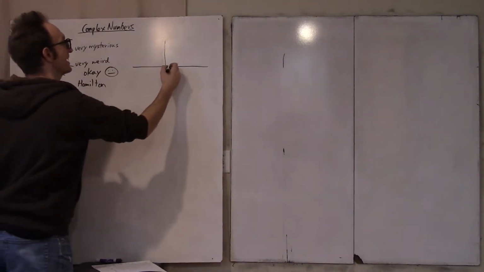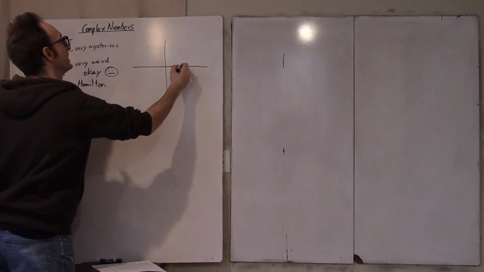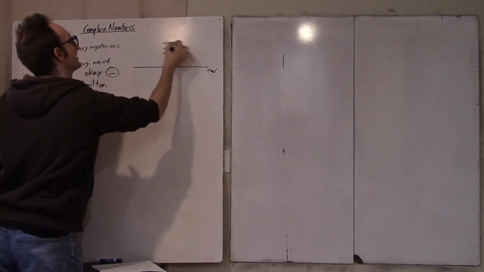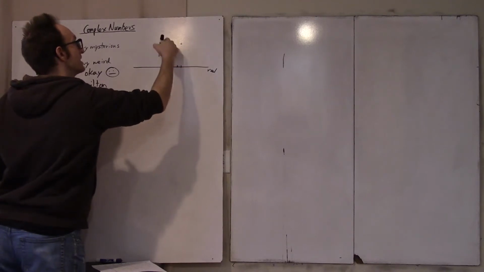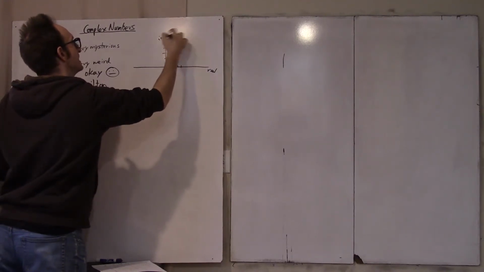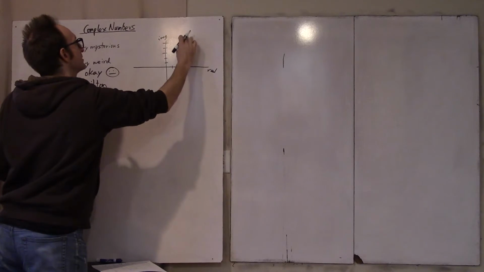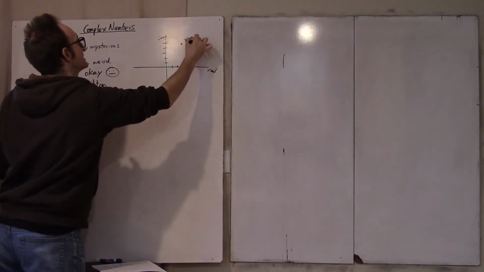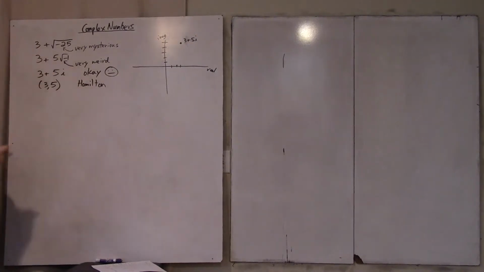What is 3 plus 5i? Well, you go over 3 on the real axis, and you go up 5 on the imaginary axis, and you get to this number, 3 plus 5i. Well, great. Thus, you might very well just consider it to be an ordered pair, 3 comma 5.